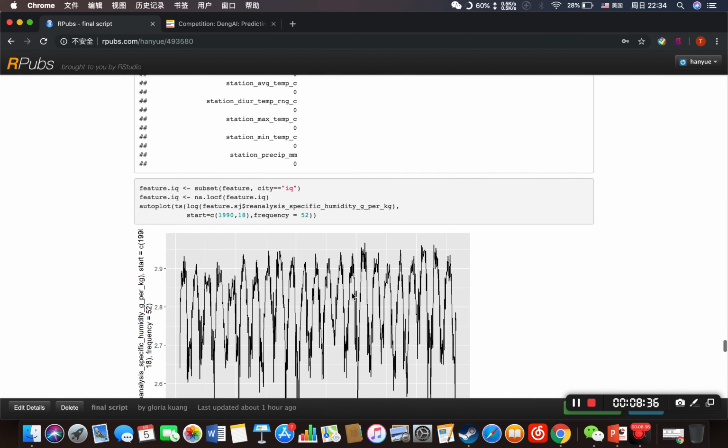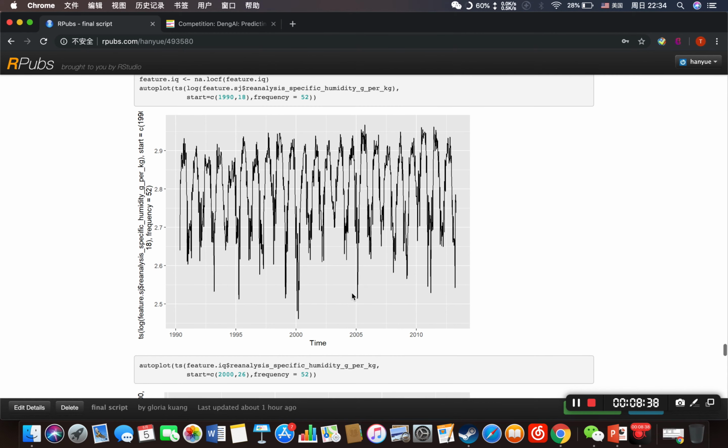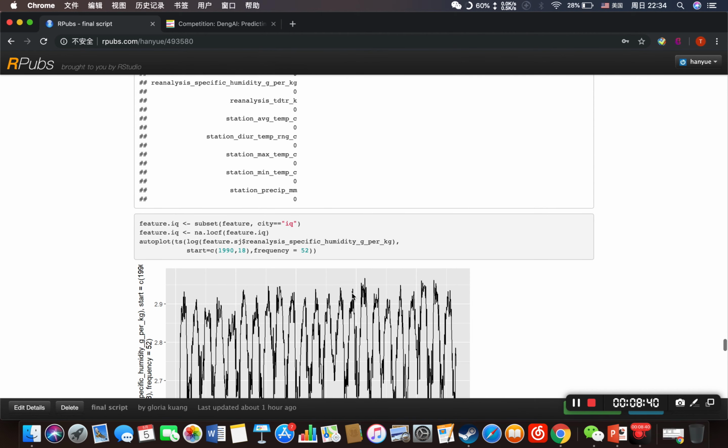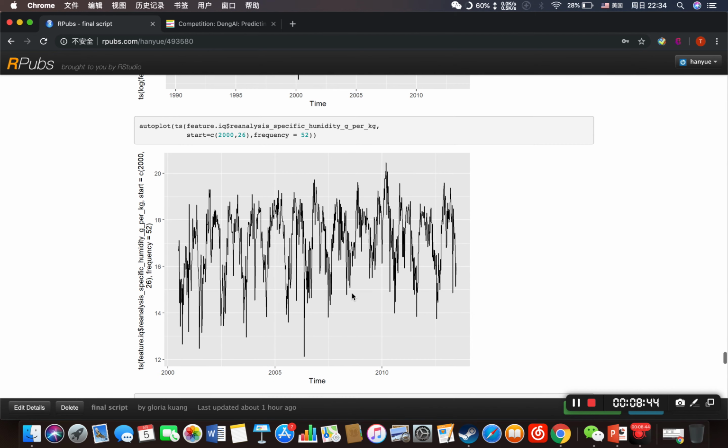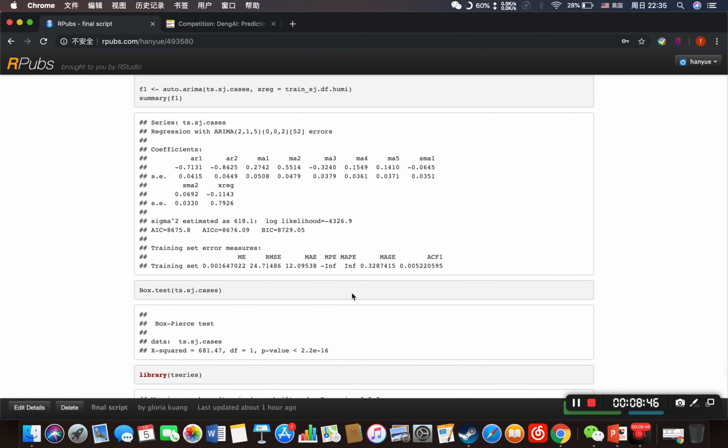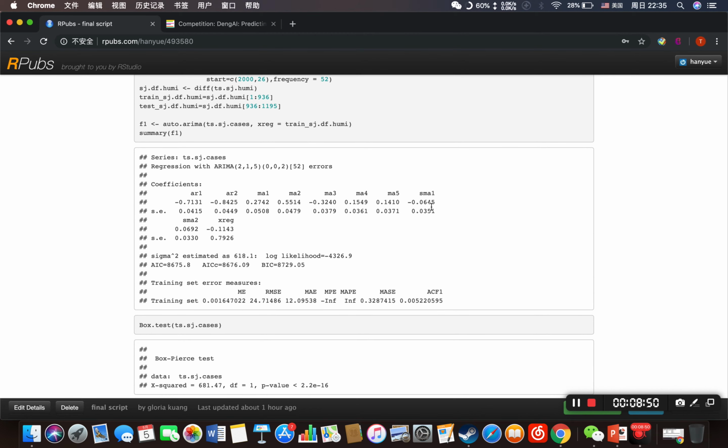So I made some further changes. I differenced the data, and I also tried Box-Cox, but the result is also not pleasant, as we can see from the ARIMA summary that the coefficient of XREG is negative, which does not make sense.